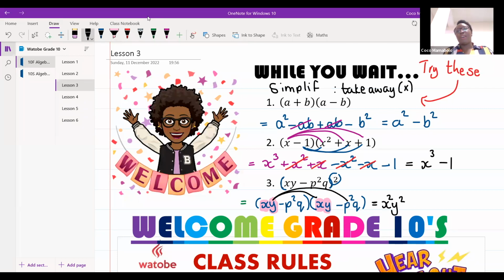Now let's look at this other top. I've got x and y multiplied by negative p squared and q. Do I have any variables that look the same? Do x, y, p, and q look the same at all? Which of them are the same?